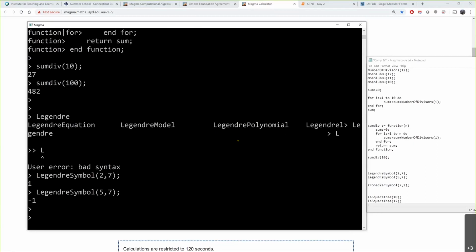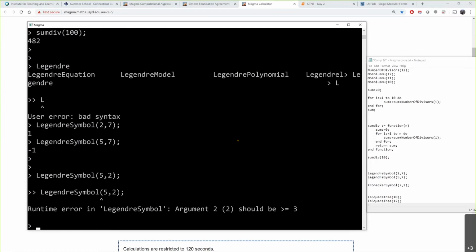If I do the same thing but put a 2 in the denominator, then Magma should yell at you, like I yell at my undergrads in number theory when they put a 2 in the denominator of a Legendre symbol, because that is not okay. The Legendre symbol is not defined for the prime 2.